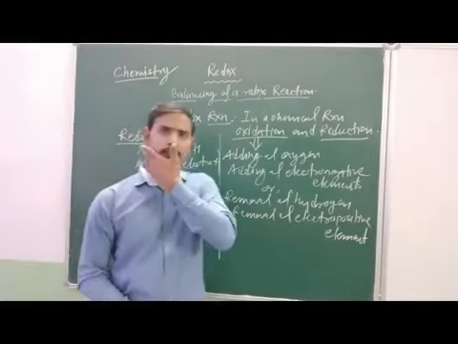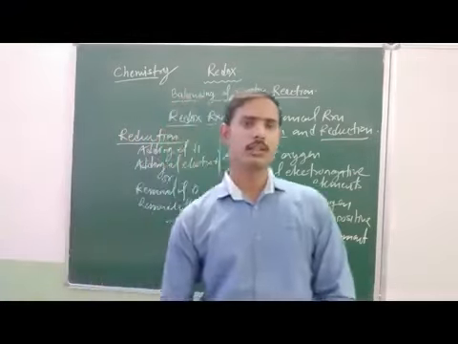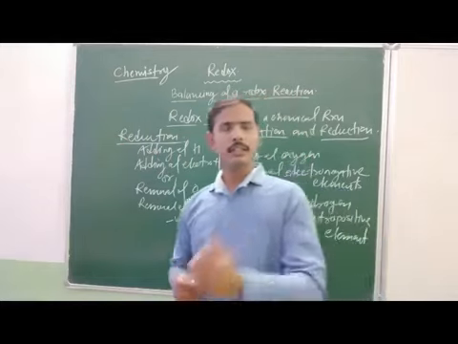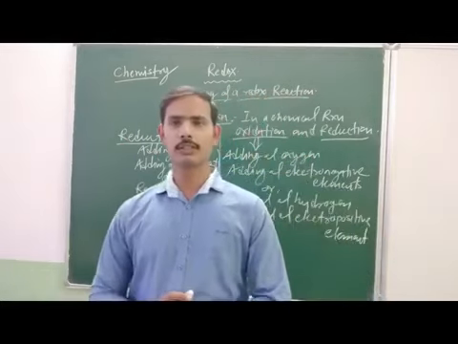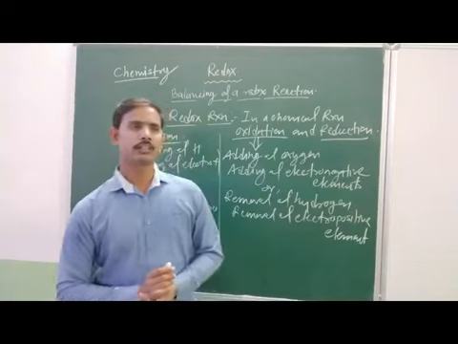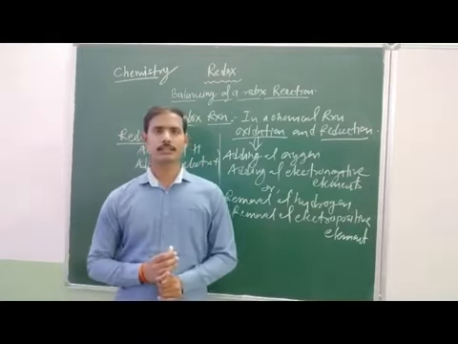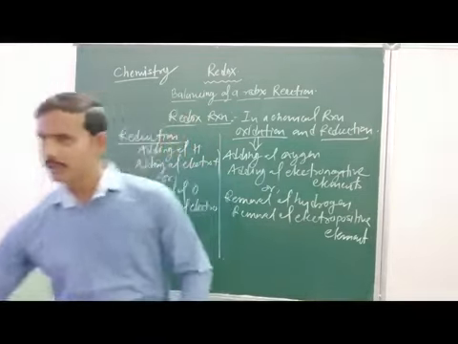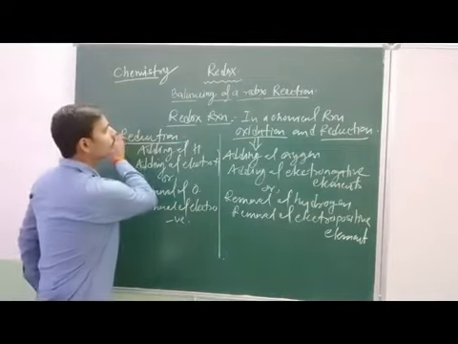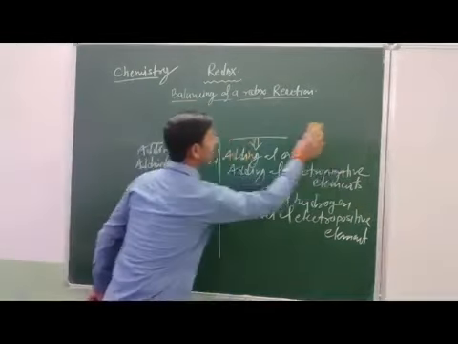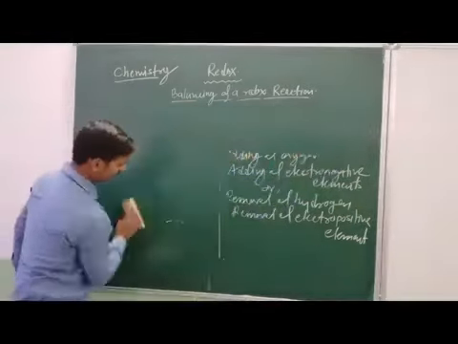I hope you know these things very well, my dear. Adding and removal of oxygen and hydrogen is known as oxidation reaction as well as reduction reaction. But we discuss here how we can balance a redox reaction.